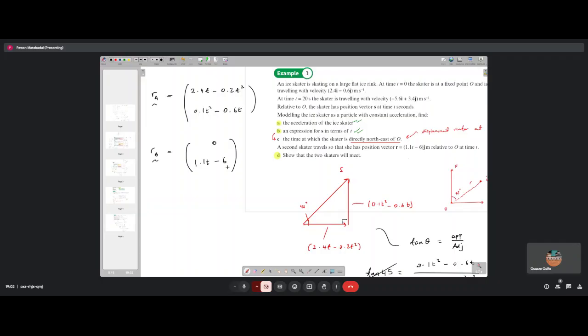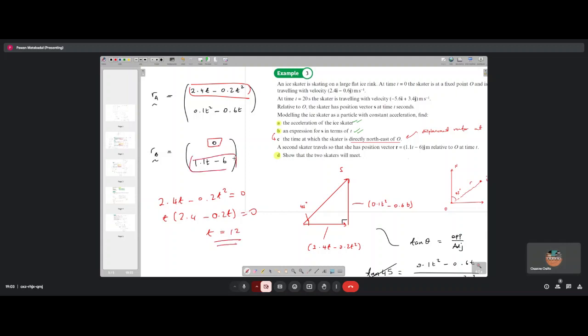And then what would you notice? You would notice that if you were to equate the i components, you'd have 2.4t minus 0.2t squared, you can solve this. That will just be 2.4, so t would just be equal to 12 here, right?